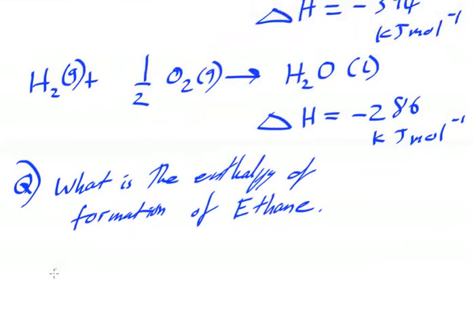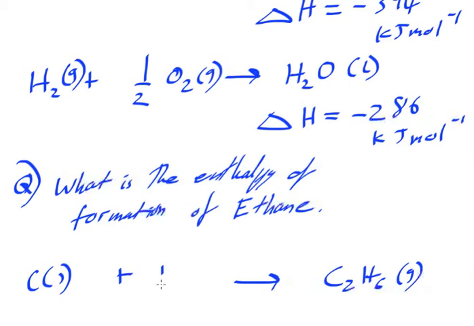And we could write that out as something's got to become C2H6 as a gas, and the things that make it are carbon, which is solid, and hydrogen, which is a diatomic molecule, and it's gaseous at room temperature.